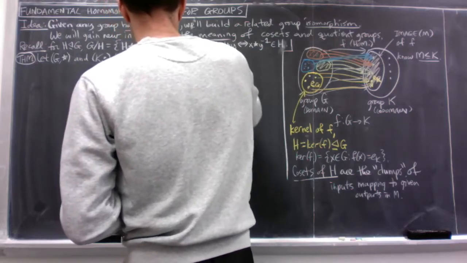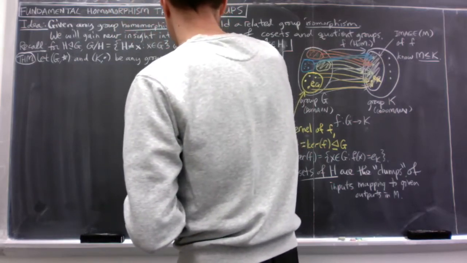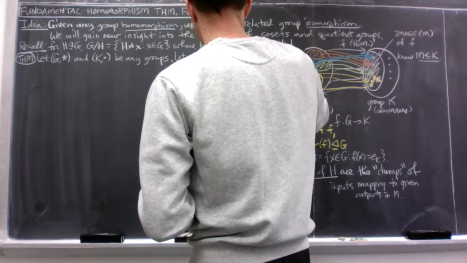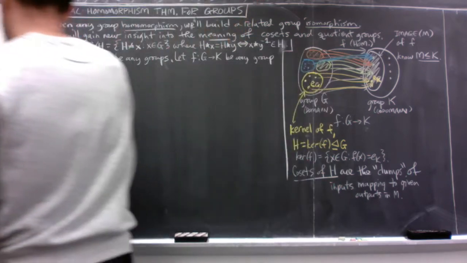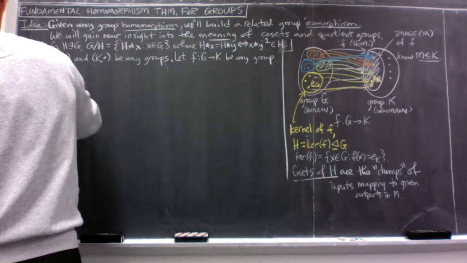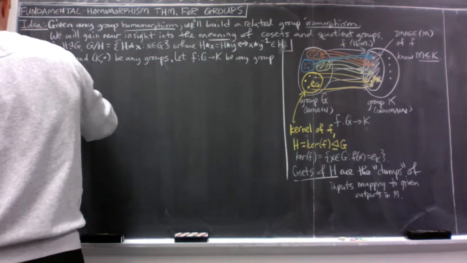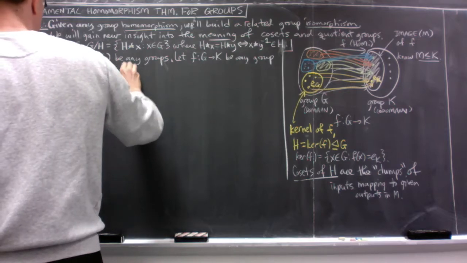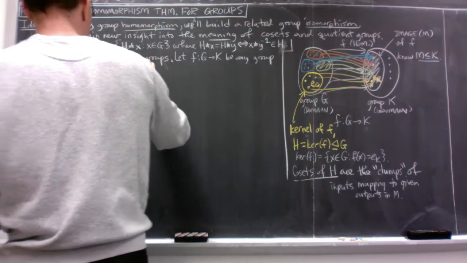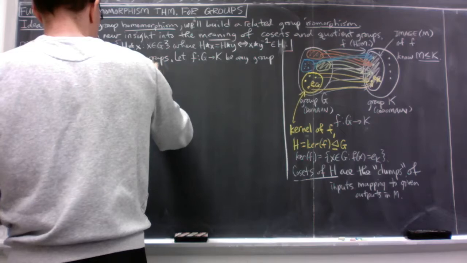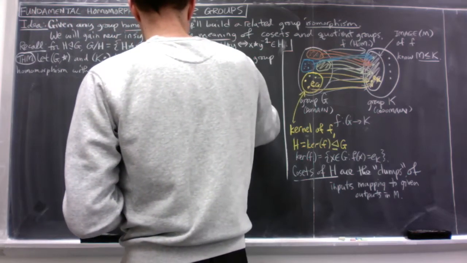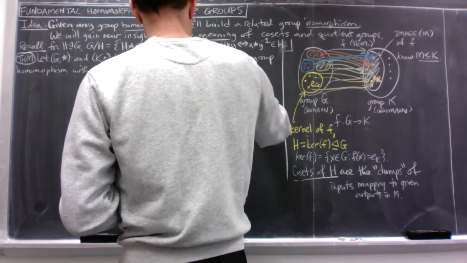And we'll have an arbitrary group homomorphism F, with image, let's call the image M, as in the picture, which is a subgroup of K. And the kernel, we'll call that H, which is a normal subgroup of G.